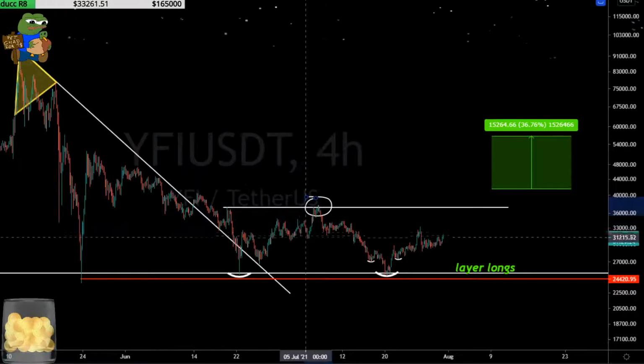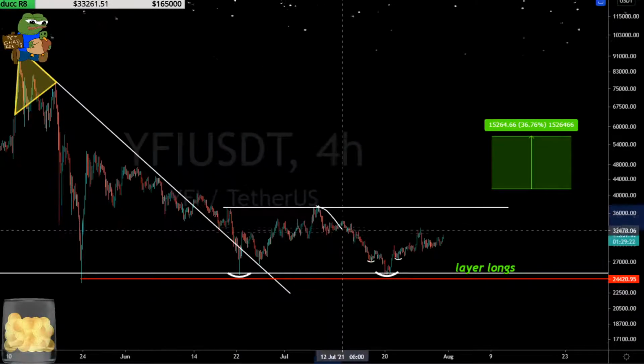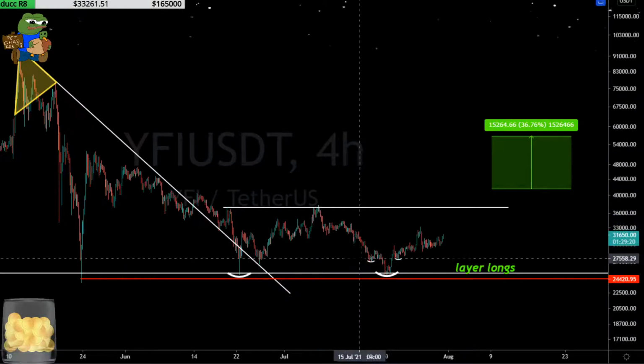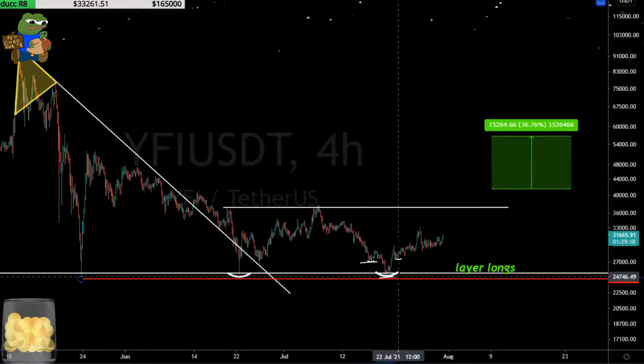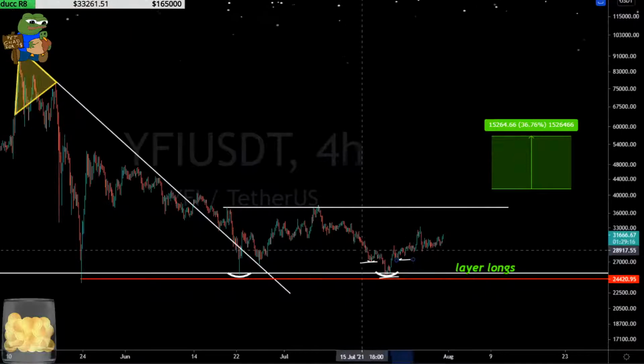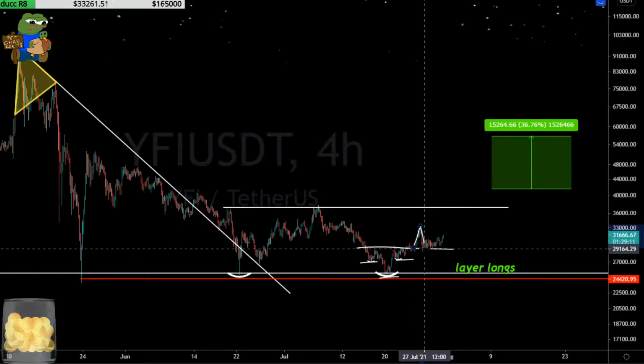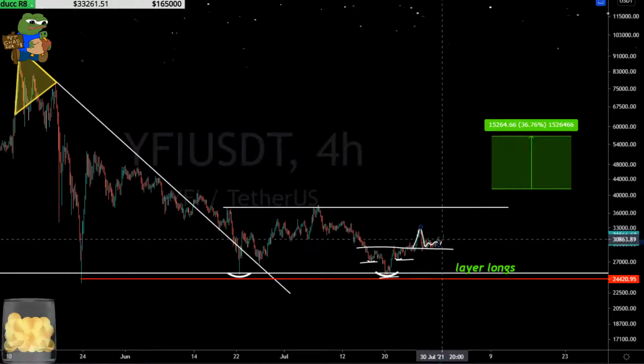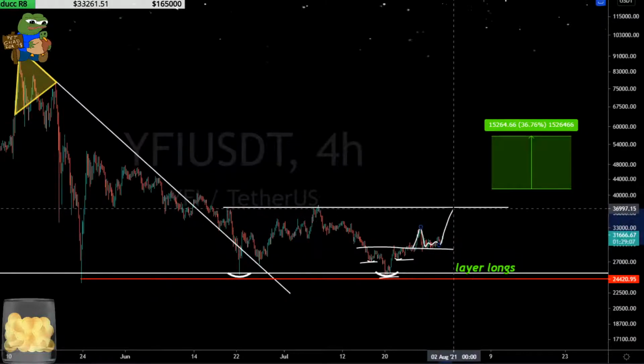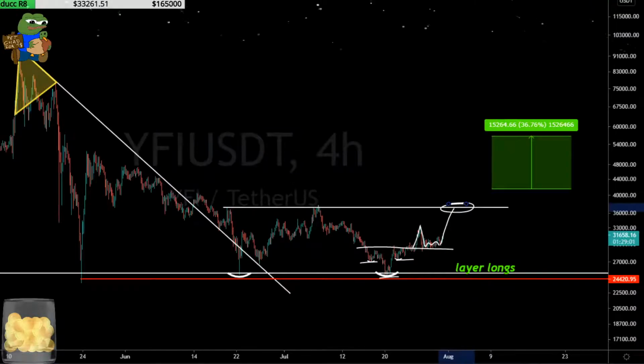It was leading everything over here, but then it sold all the way back off. And it looks like you painted a pretty nice inverse head and shoulders down here. You painted this neckline, you've broken, back tested, and now you're ready for the go. And Wi-Fi, I could see you at 37,000 here really, really soon.